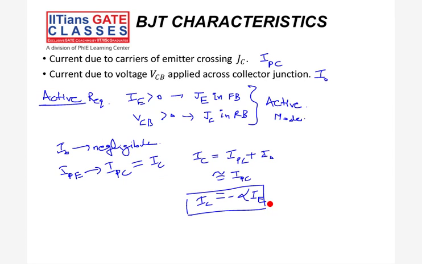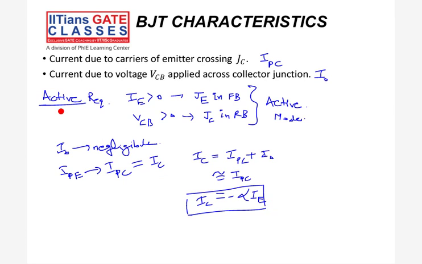So IC does not vary with VCB, but IC actively varies with IE. We can understand, there is a negligible effect of I naught. There is a negligible effect of VCB on IC. Very negligible effect is there because of VCB, the reverse bias voltage.